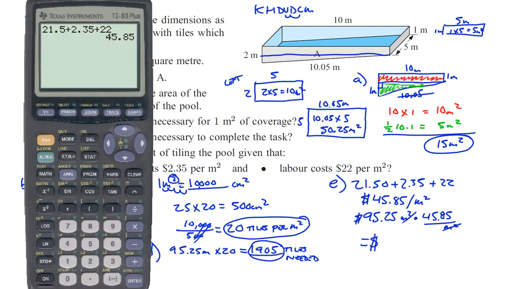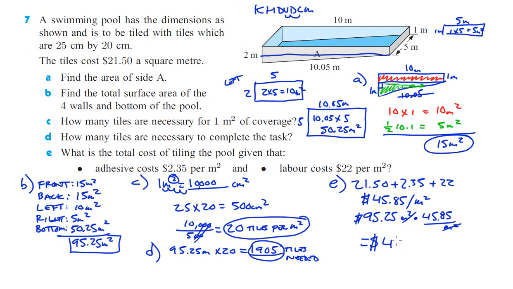Okay, which is going to be a doozy. Let's see. So we got 45.85 in there already. Multiply that by 95.25, and we get $4,367.21. 4367.21 to tile that whole pool.